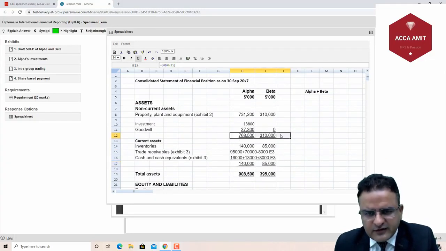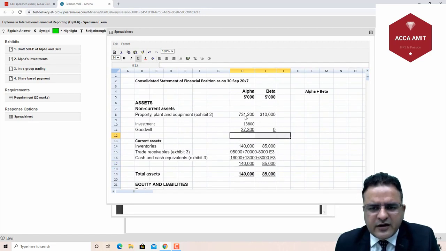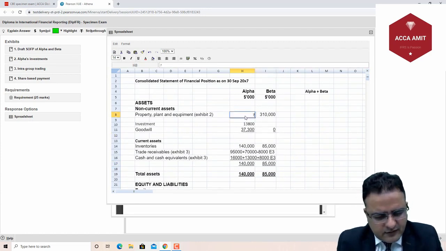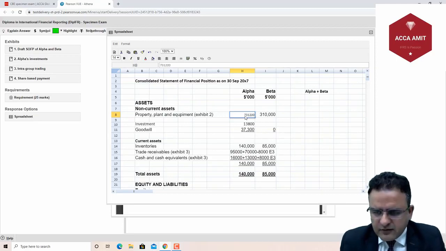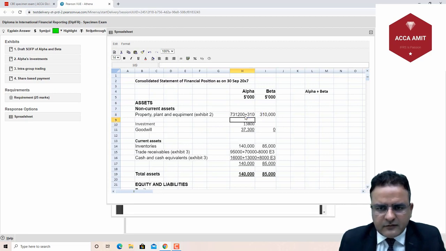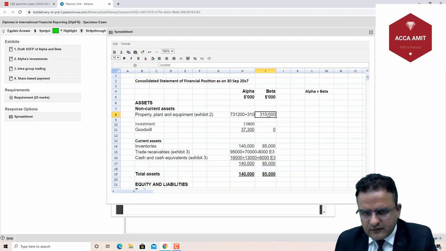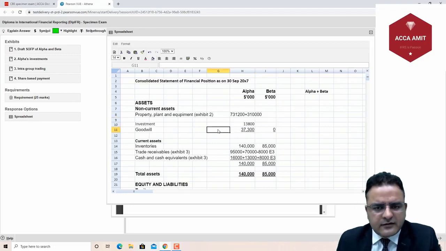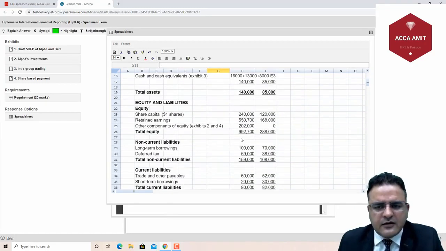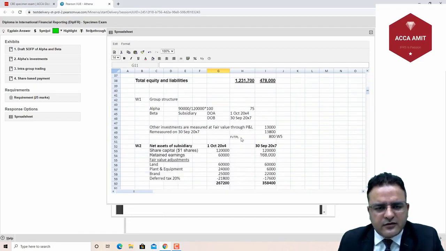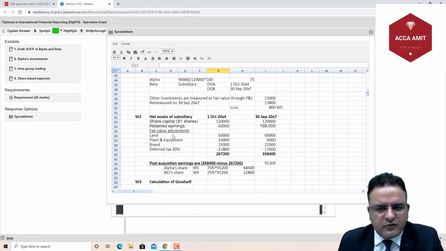Remove these totals because these are going to change now. Property, plant and equipment will be 731,200 plus 310,000 in it. The amount which was included in working note number 2 for land, 60,000, will be added on the date of balance sheet, that is 30 September 2007.